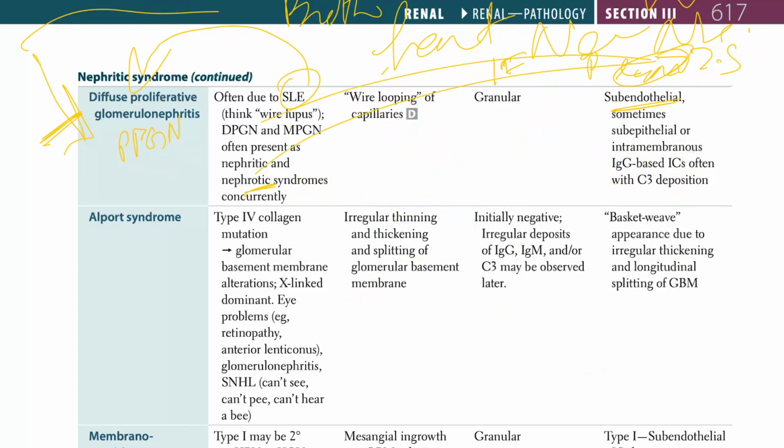Now, the important thing in here is glomerulonephritis with SLE. Signs and symptoms are arthralgias, oral ulcers, cytopenias. This shows SLE complicated by lupus nephritis.